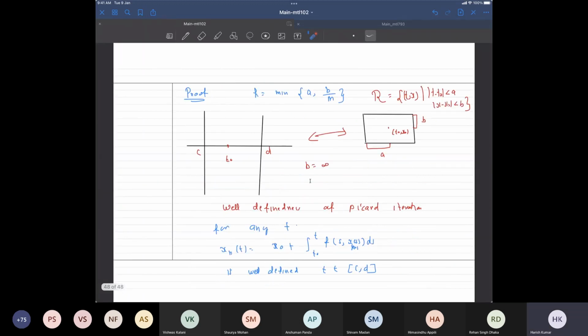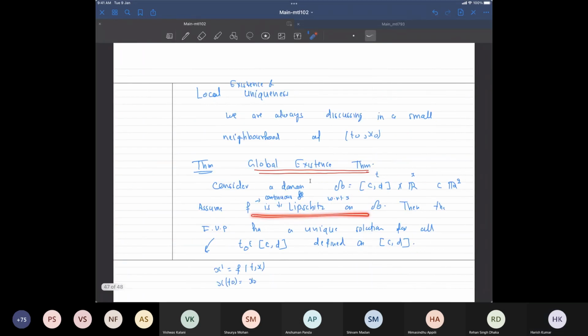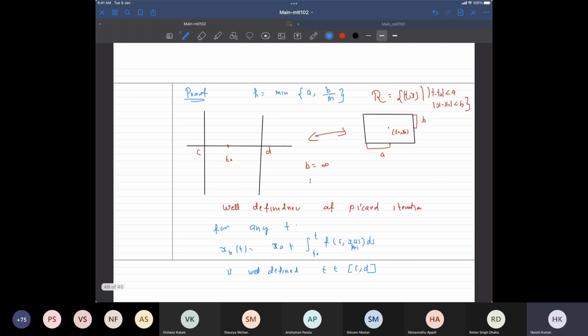Okay. So for the global setting, if you have f which is Lipschitz on omega, where omega is a strip, so these kinds of domains are called strips, because of course it's a strip in the xt plane. If f is uniformly continuous in omega, then the solution will exist on [C, D], a closed interval, and it will be unique.